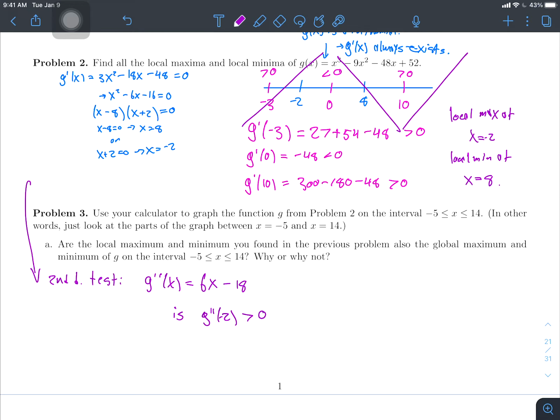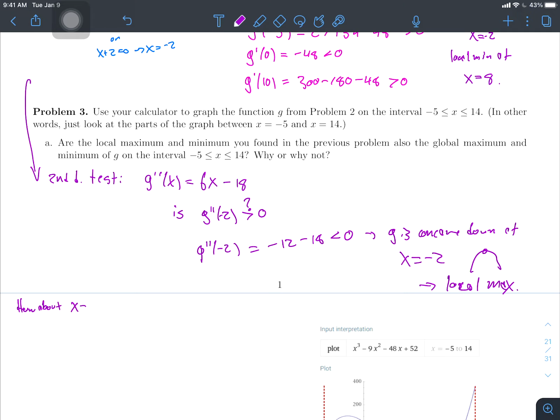G is concave down at x equals negative 2. If our function is concave down, then that means it corresponds to a local max. Okay, likewise, I need to check x equals 8.